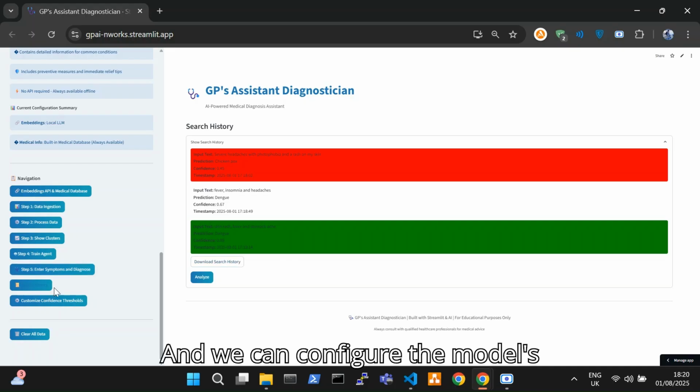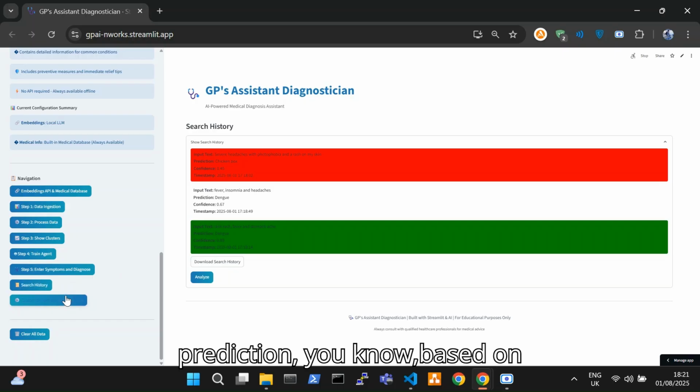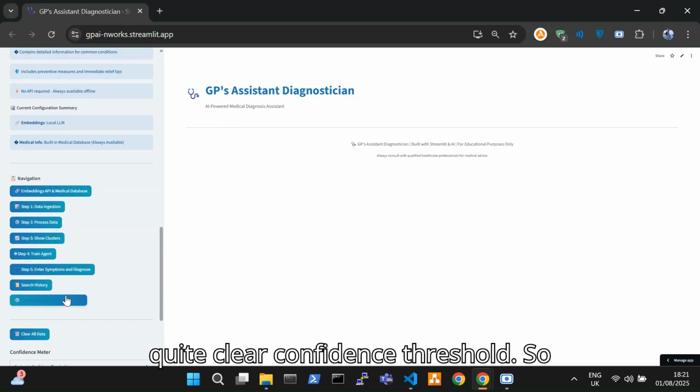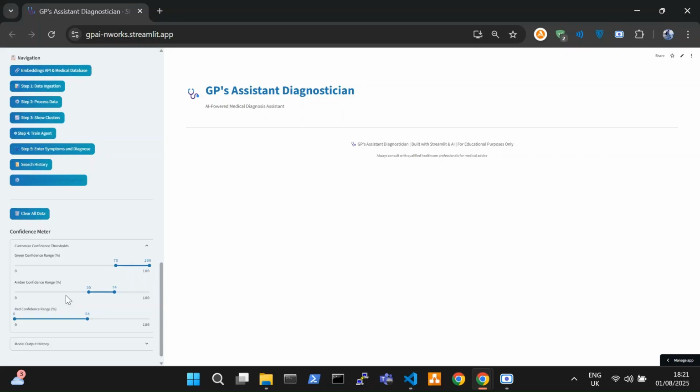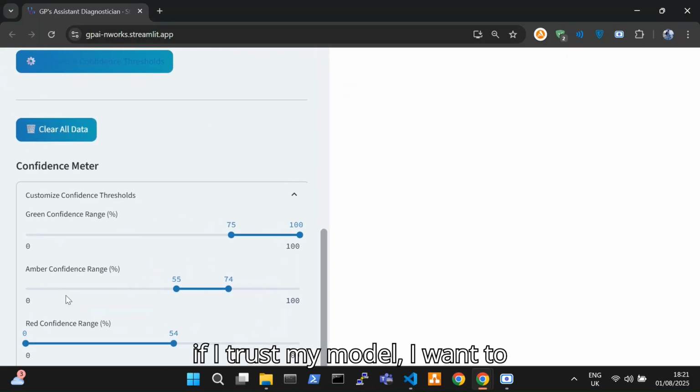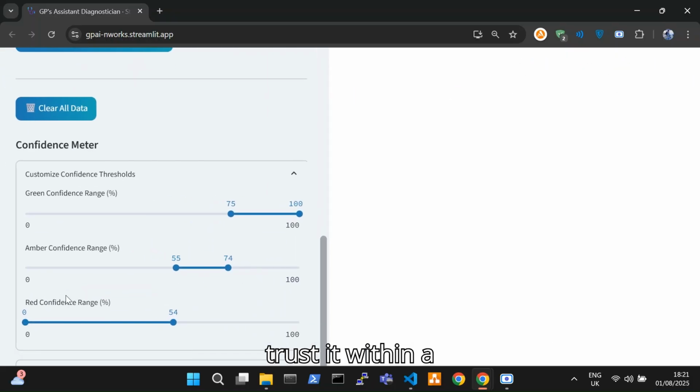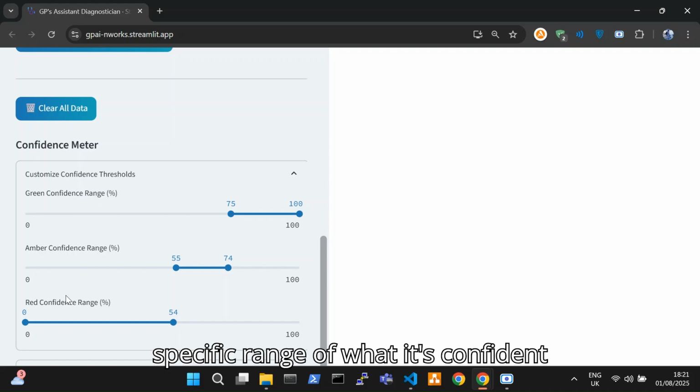And we can configure the model's prediction based on a quite clear confidence threshold. So if I trust my model, I want to trust it within a specific range of what it's confident about.